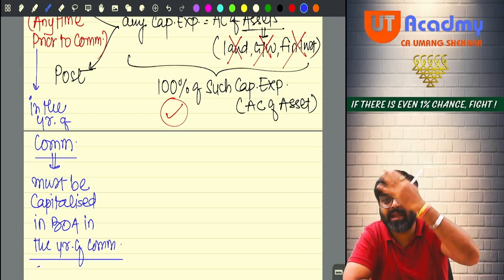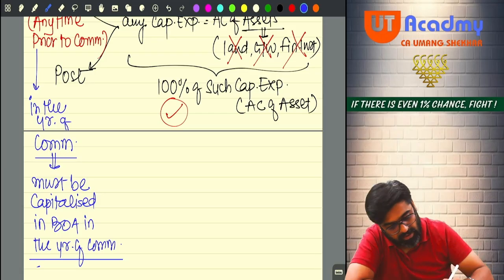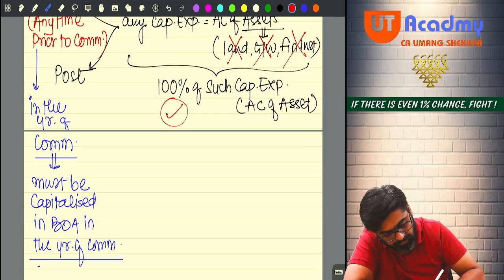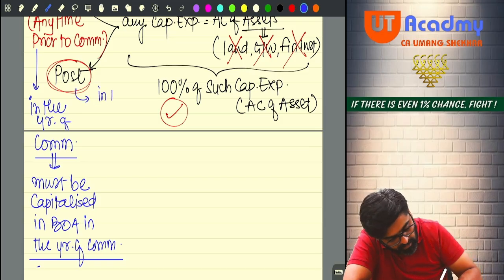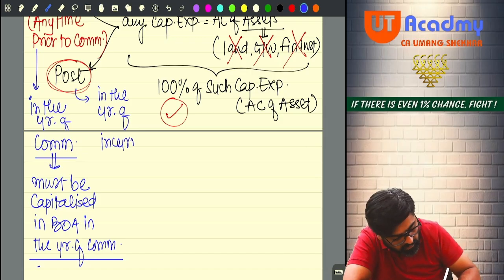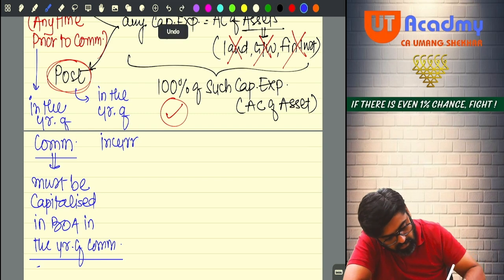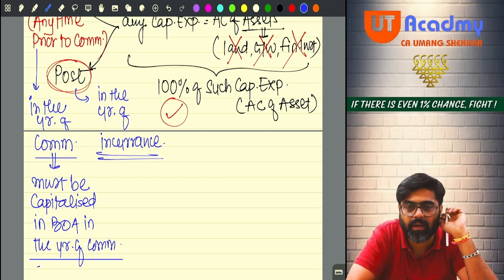Only then they can be claimed. Now whatever post commencement is there, come on, tell me. Post commencement will be allowed in the year of incurrence. Meaning the year in which they are incurred. In that year they will be allowed.